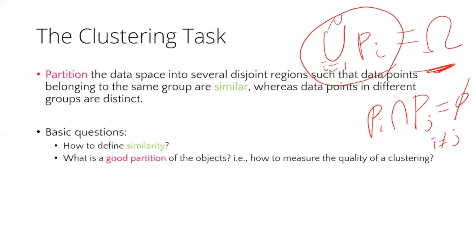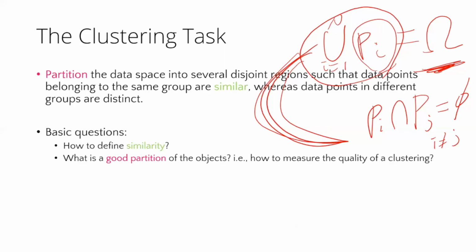The subsets P of the original set omega are called a partition of the space when they satisfy these two conditions. So a clustering task is to find the partition of the data space. As long as it satisfies these two conditions, you can consider it a solution to a clustering task.